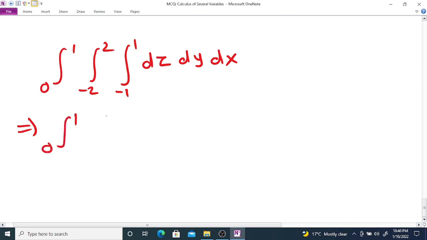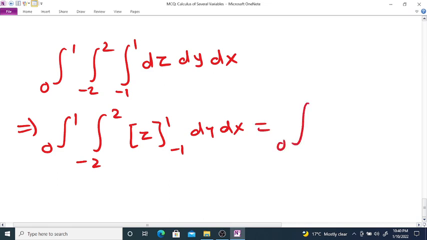So if we evaluate first with respect to z, that is z from minus 1 to 1, it is equal to the integral of dy dx, 0 to 1, minus 2 to 2, of 1 minus minus 1, dy dx.